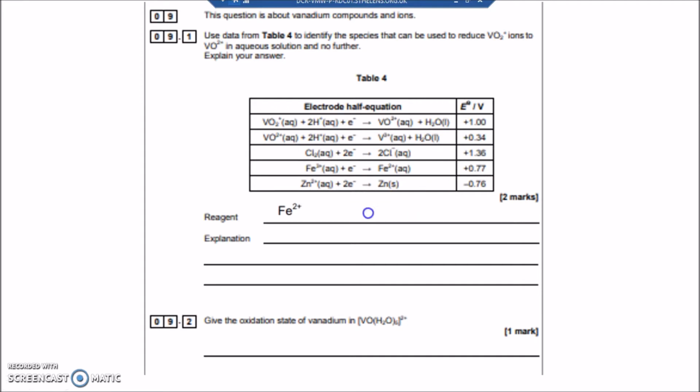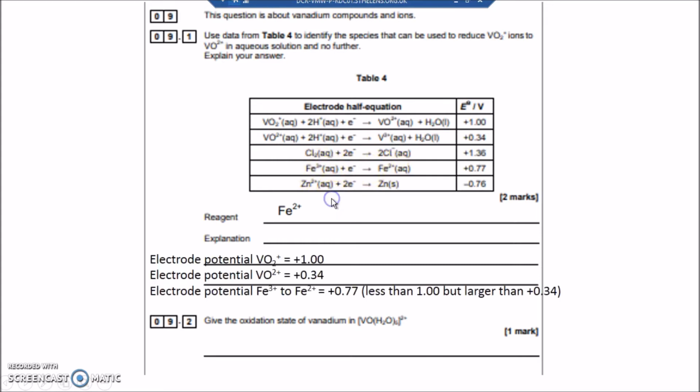Okay. So my answer is the reagent that can be used is Fe2+. That can be turned round and make Fe3+, because the electrode potential of VO2+ is 1. The electrode potential of VO2+ is plus 0.34. And the electrode potential of Fe3+ to Fe2+ is 0.77. It's less than 1.